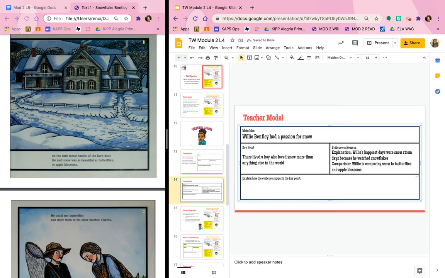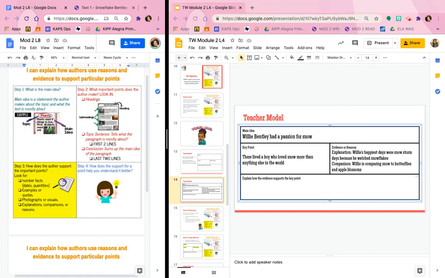Okay, so now that I've done steps one, two, and three, now the last step is step four. How does the support for the point help you understand it better? So how does my evidence help me understand the main idea? Well, the first detail is a little story or anecdote from Willie's life that explains his feelings about snow.